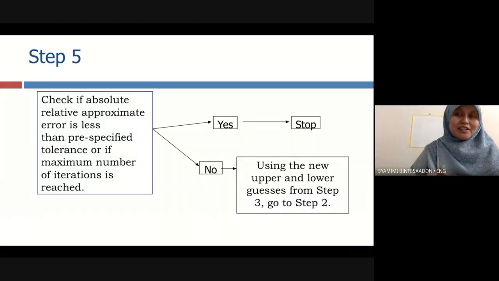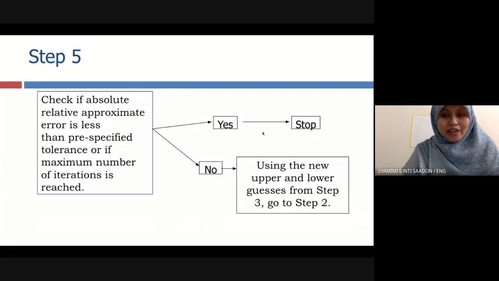Whatever the error is, we set the maximum number of iterations, for example 50 or 20, until n equals 20 or 10 or something like that, and then we stop. So we don't care about the error. So it depends. What condition do you want to set?